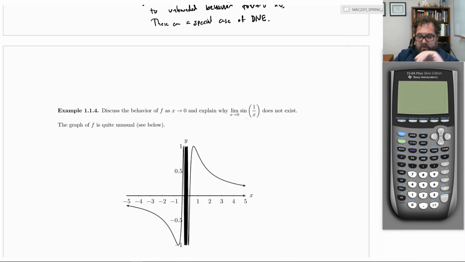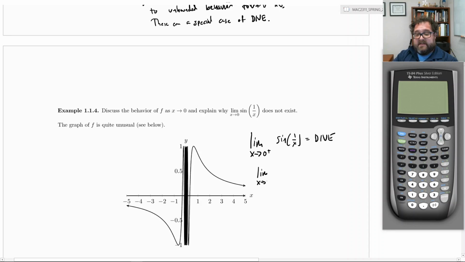So that's why we would say in this case that the limit as x approaches 0, in fact, left, right, or two-sided, does not exist. So we could say the limit as x approaches 0 from the right of sine 1 over x does not exist. And the same thing from the left.